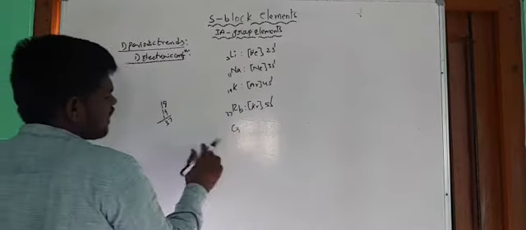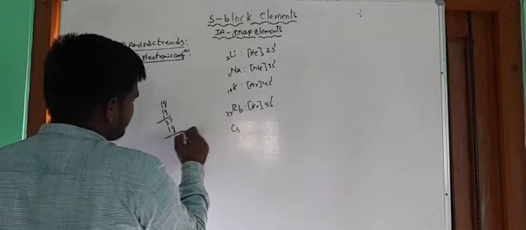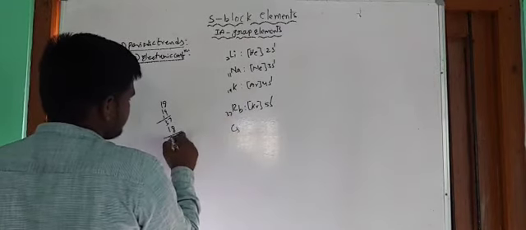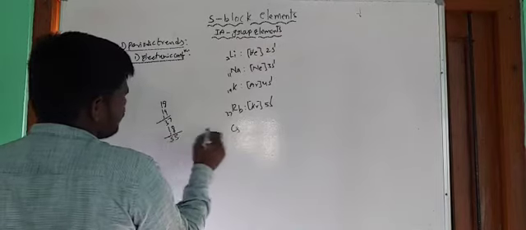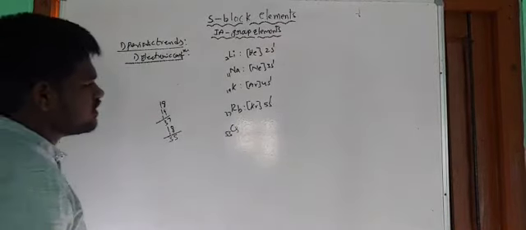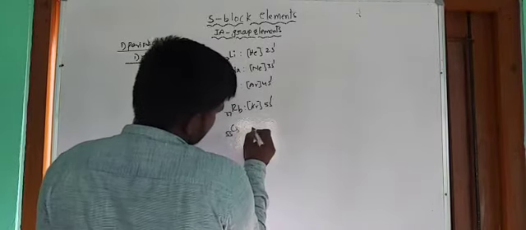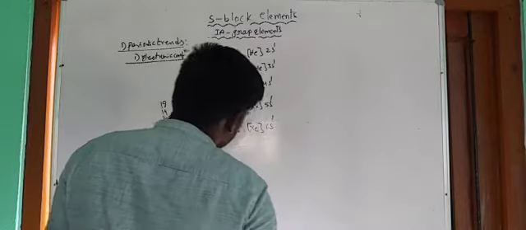By adding another 18 to 37, you get the cesium atomic number, 55, and it takes xenon configuration 6s1.